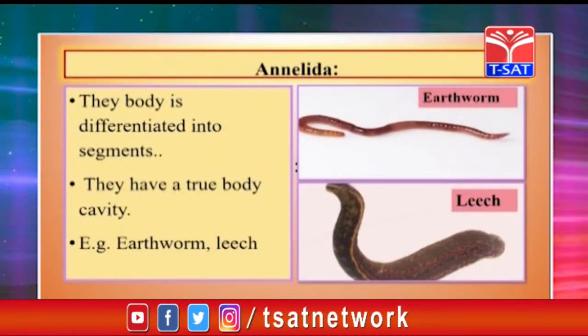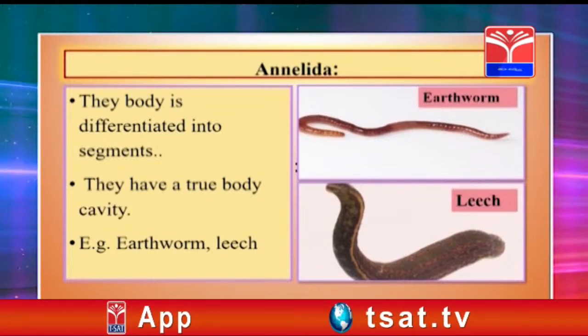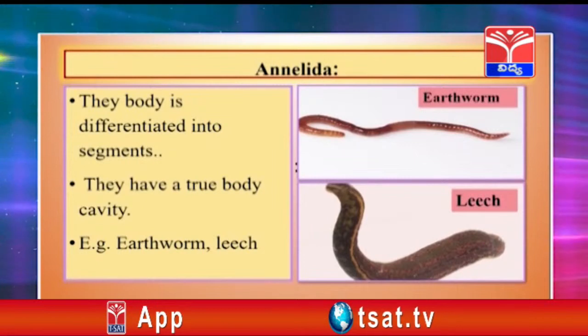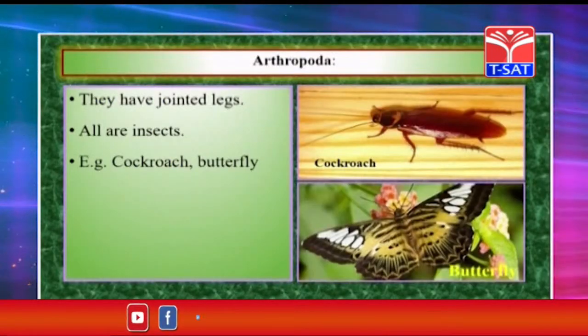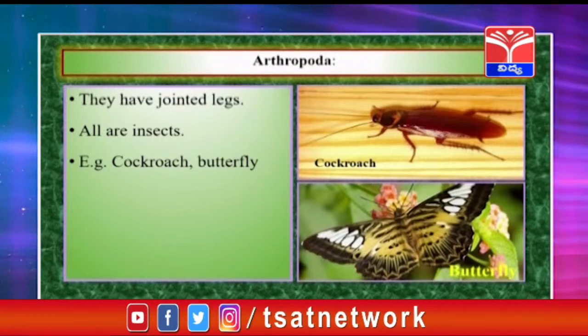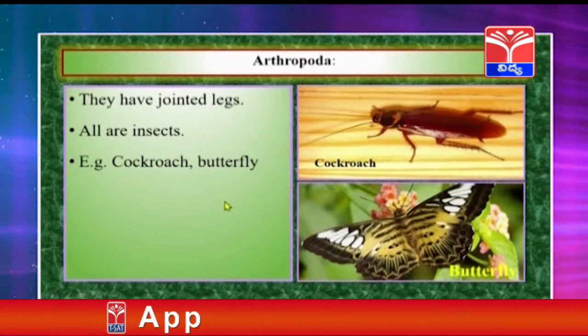Annelida, the body is differentiated into segments. They have a true body cavity. Examples, earthworm and leech. Arthropoda, the phylum Arthropoda consists of insects. They have jointed legs. Examples, cockroach and butterfly.